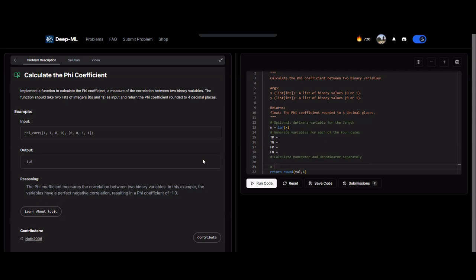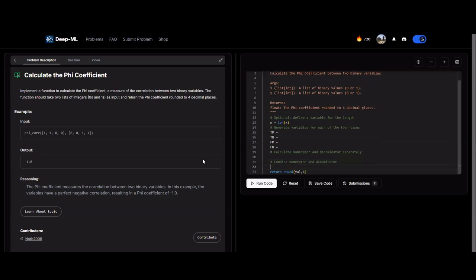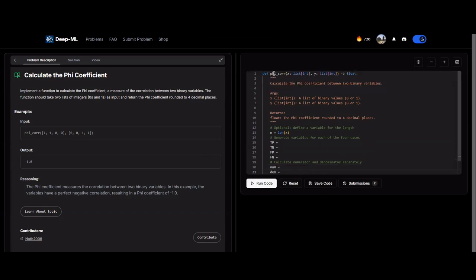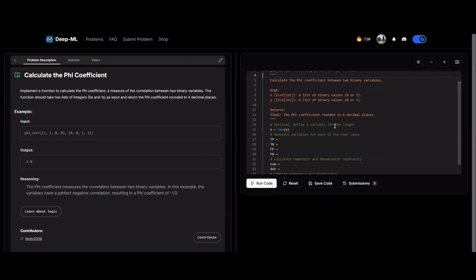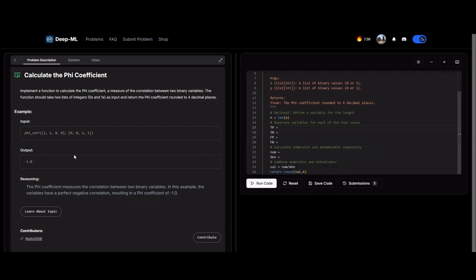And after that, we're going to combine numerator and denominator. So that's that, and then we end up making the return. So we're going to do something like val, and I'm just using the placeholder name that comes here, and I'm just going to define in different lines numerator and denominator. Now, the last thing I'm going to do before I start coding is import math, the math library, and that's because we're going to use the square root, remember, in the formula. So math is just a neat way of doing it.